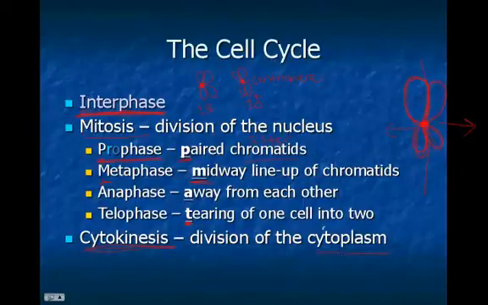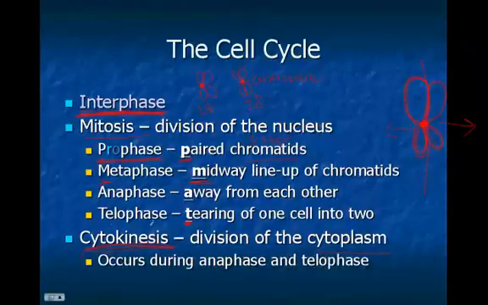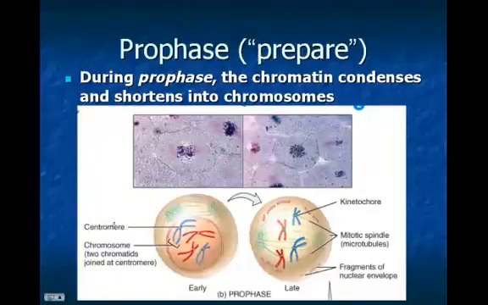So if you're taking one cell and dividing it into two, you have to divide up the mitochondria, and you have to divide up the endoplasmic reticulum. So that's the process of cytokinesis, and it happens alongside the end of mitosis. It typically starts to occur during anaphase, and we'll finish up in telophase, so towards the end of mitosis.